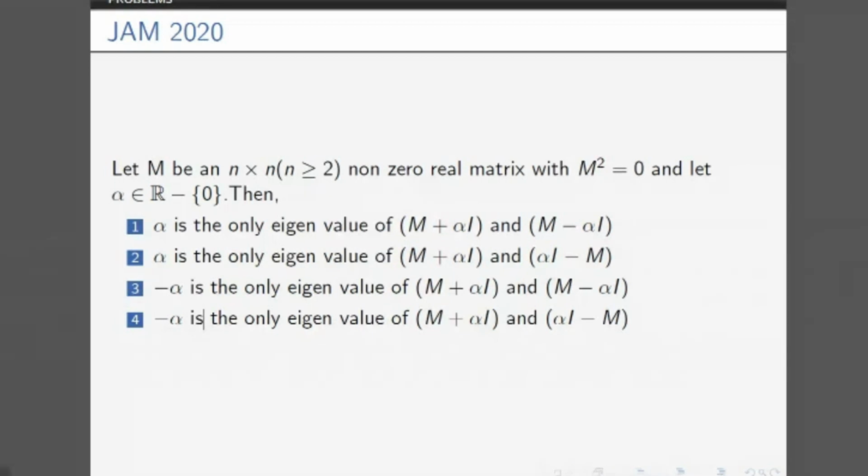Since M square is 0, M is a nilpotent matrix of index 2. That means all the eigenvalues of M are 0. And we know if lambda is an eigenvalue of M, then p lambda is an eigenvalue of p M. Yes, very good. That's the idea used.